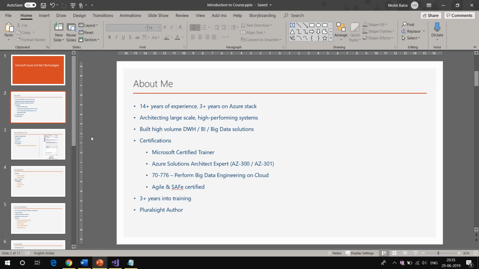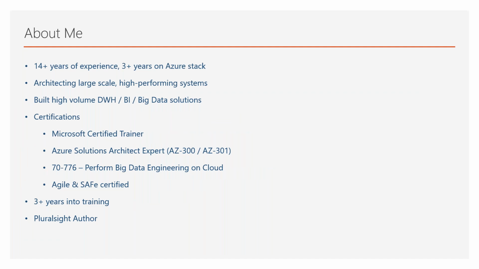Before we begin, something about me. Of course, you would want to know what my background is and what we are going to do today. My name is Mohit Batra and I have around 14 years of experience, 3+ years on the Azure stack. I have architected large scale, high performing systems on Azure as well as on-prem systems without Azure.